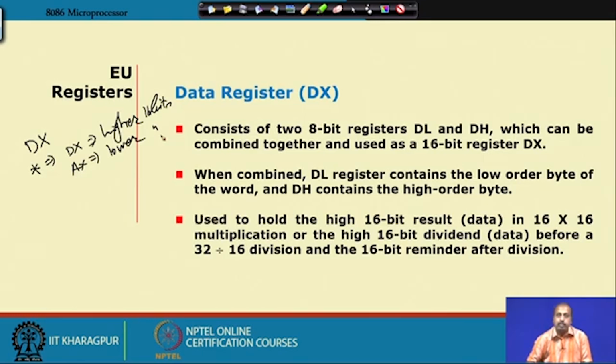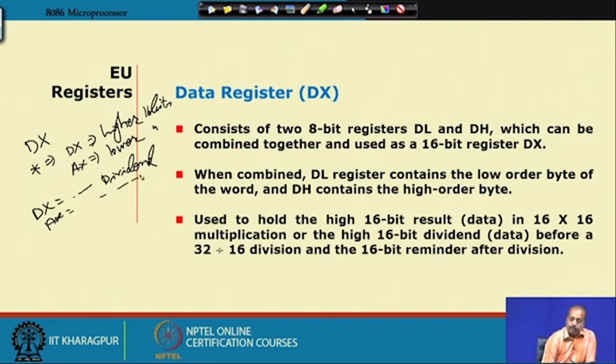So, the DX register will have the higher order 16 bits of the dividend, and the lower order 16 bits will be in the AX register.